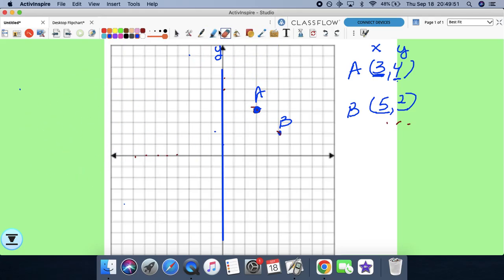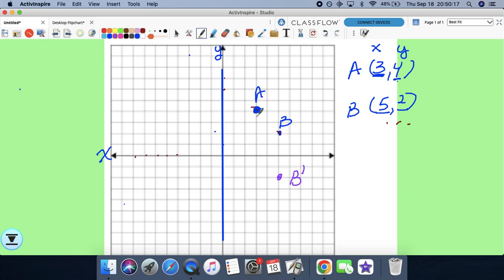Here's the x-axis, and A and B are 2 points above the x-axis. Where would their reflection be? As far as where the reflection is, that's the easy part. Where is B prime? B prime would be right here, 2 units below the x-axis, because B is 2 units above.